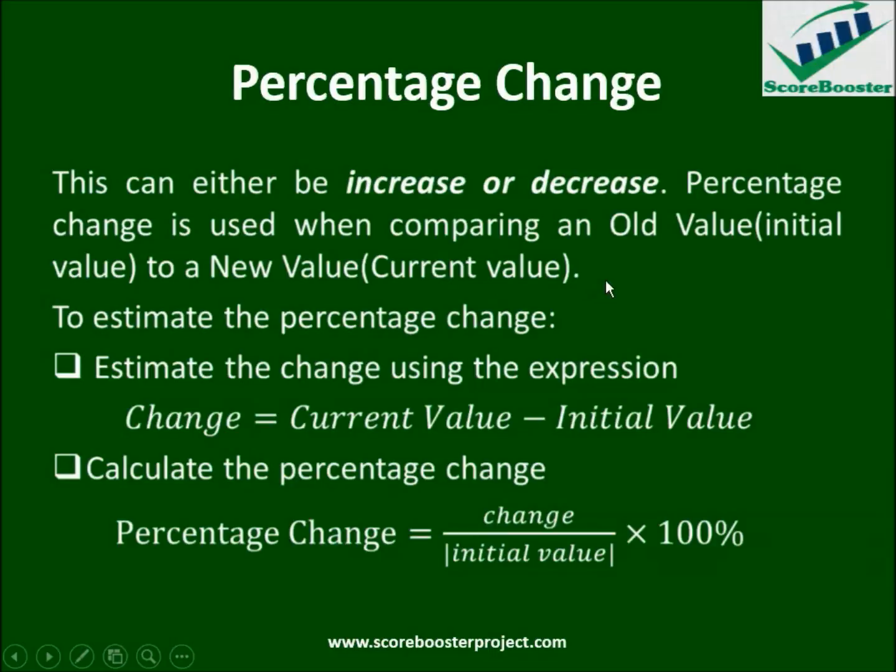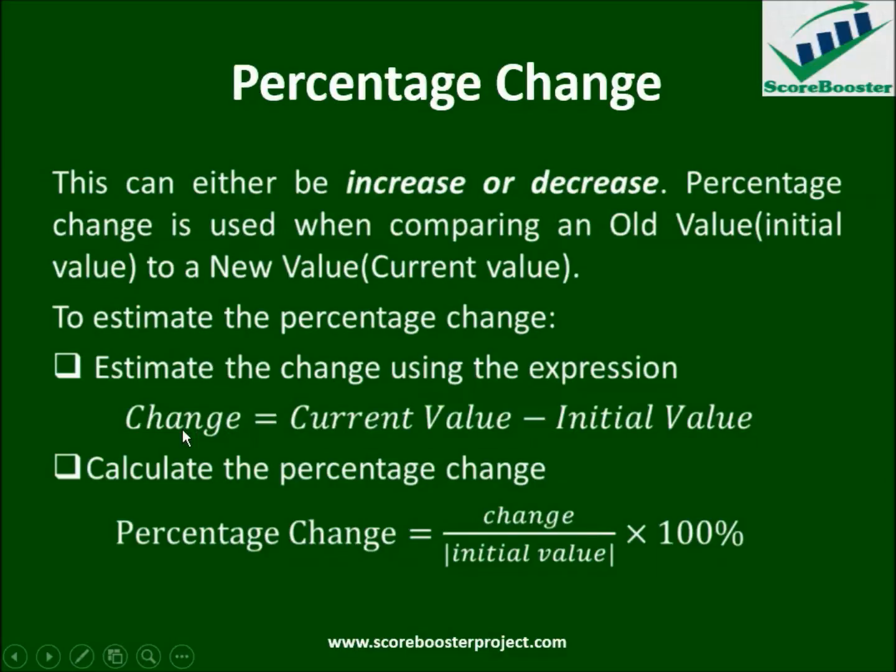So to estimate percentage change, the procedures are: first, you estimate the change. So change equals the current value minus the initial value. So the difference between the current value and the initial value will give you the change.